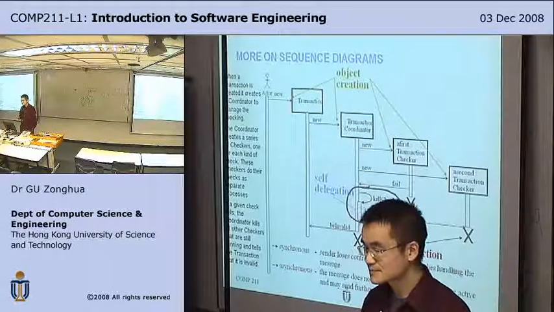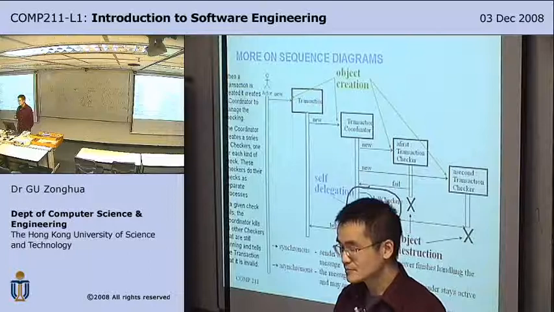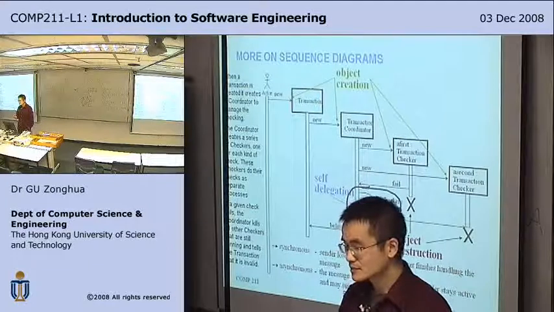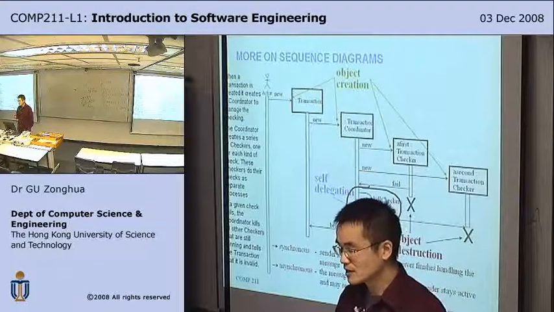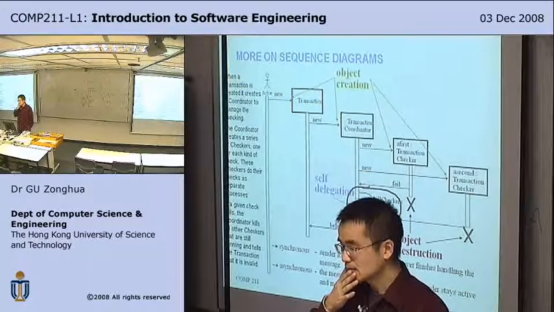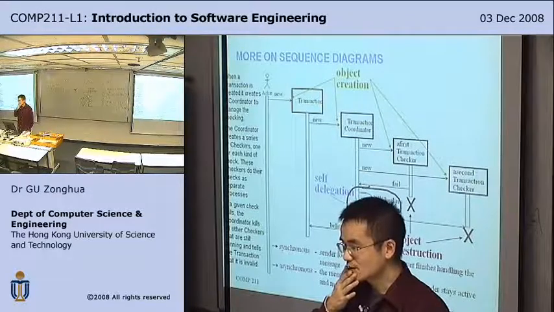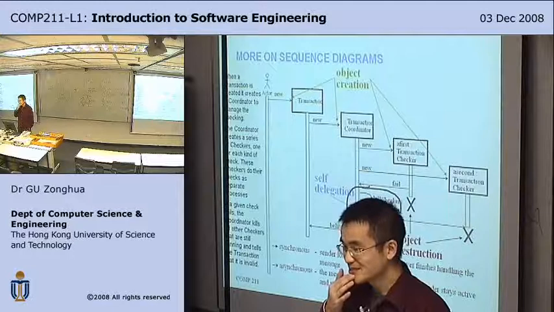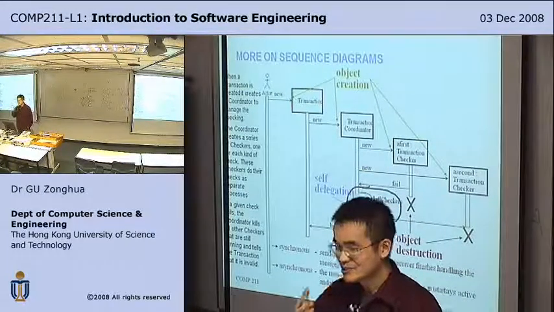Is there any diagram that will involve a class inside? Just like the question you asked, what is not involved in the sequence diagram. So is there any diagram that will involve a class in it? Of course, class diagrams, the domain model. You see the difference.